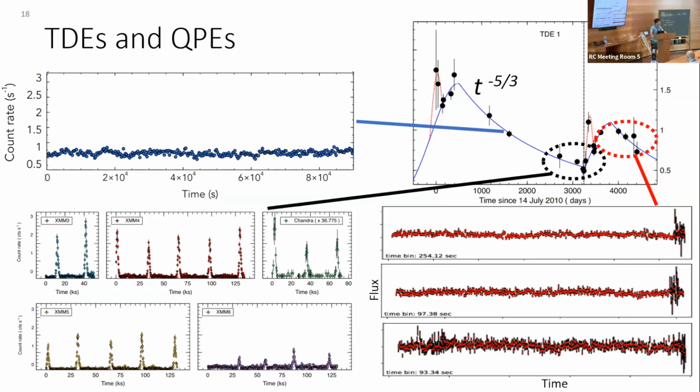Euro QPE2 is a bit absorbed and the signal to noise is very low, and there aren't as many observations to perform this sort of analysis. RX J1301 is very highly irregular, so maybe you also require some sort of regularity in the bursts themselves to have regularity in the continuum, if that makes sense. But we couldn't find any evidence of QPEs in the other sources, mostly because of the quality of the data.